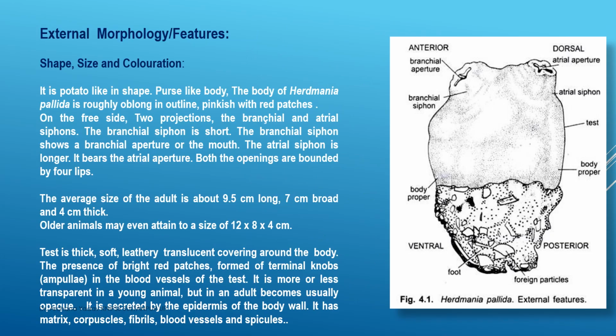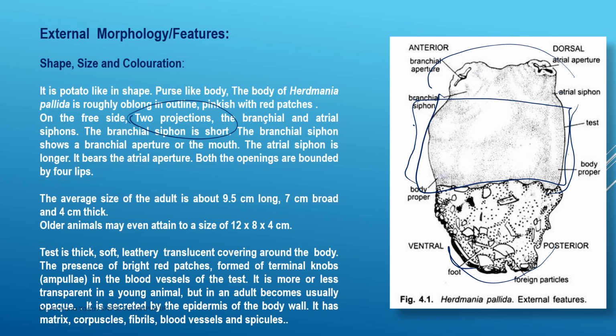Now about morphology. The shape of Herdmania is sac-like or laterally compressed, oblong or rectangular. The attached end is slightly narrower than the free end. On the free end there are two projections, the branchial and the atrial siphon.